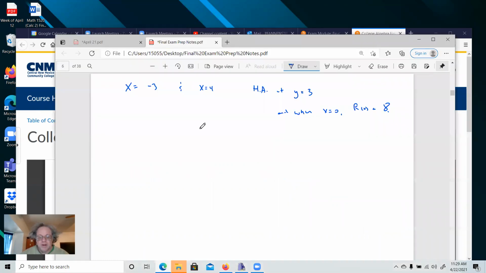All right. So the first things to start with are the vertical asymptotes. This means that the denominator has zeros at this point.